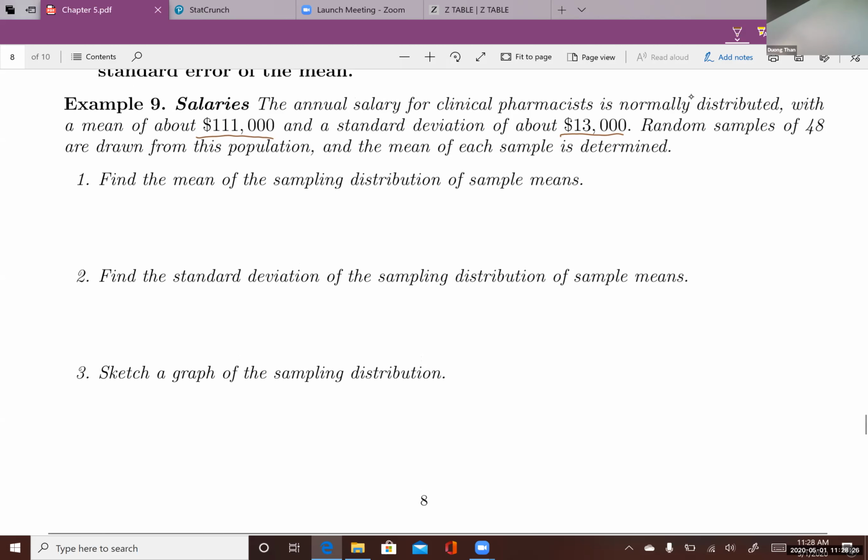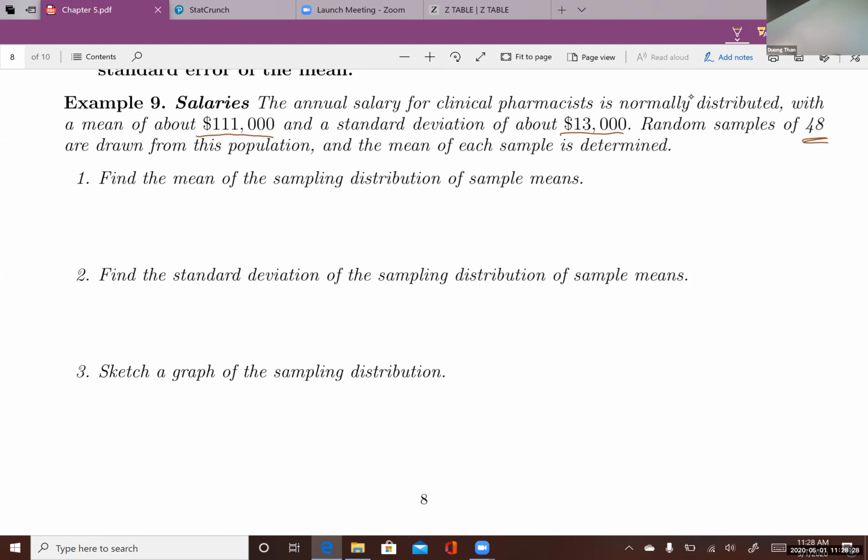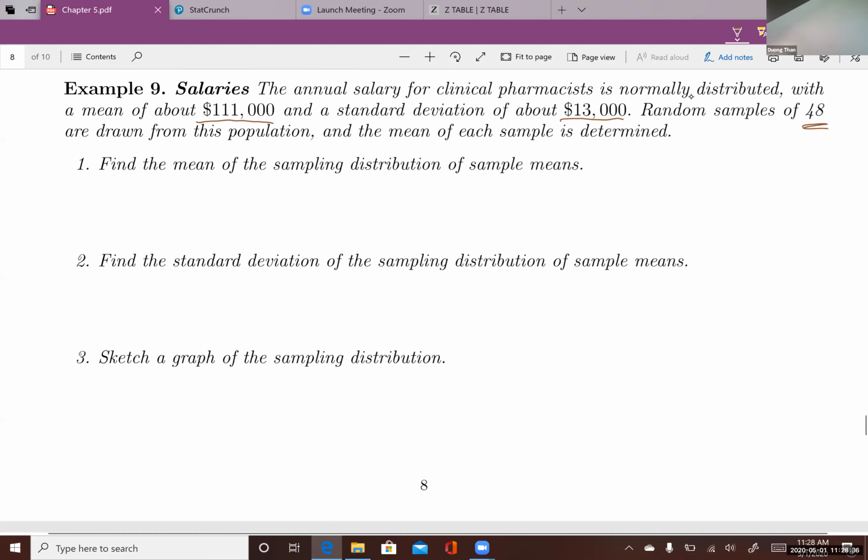Random samples of 48 are drawn from this population and the mean of each sample is determined. So you draw a lot of samples of size 48 from the population of annual salaries for clinical pharmacists, and then you determine the mean of each sample.